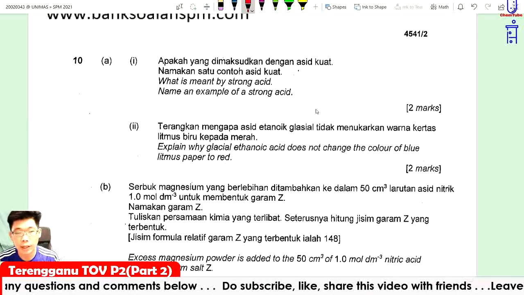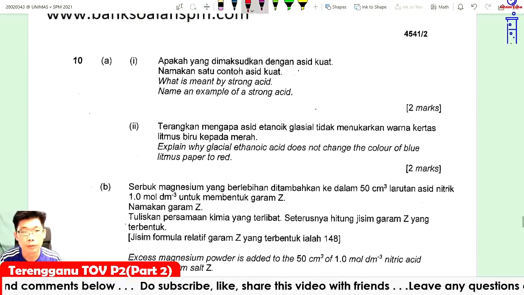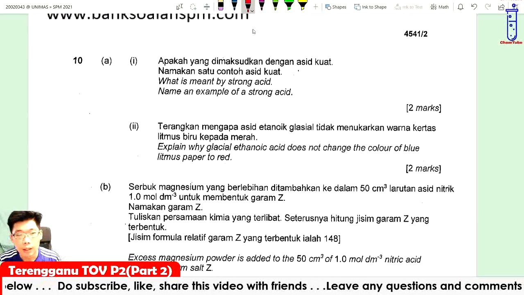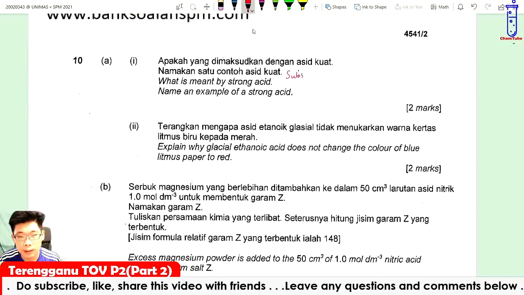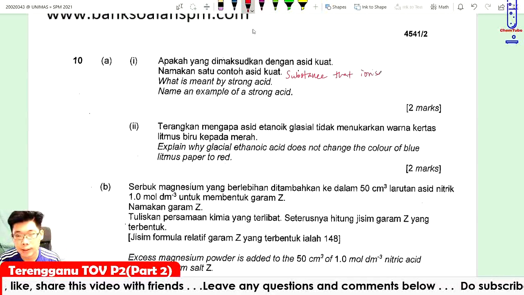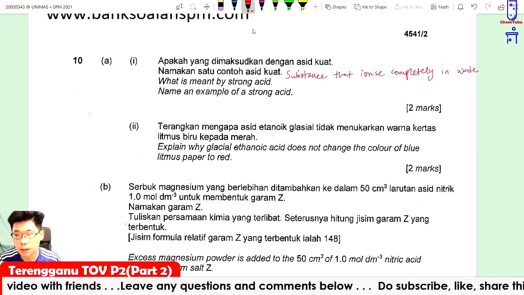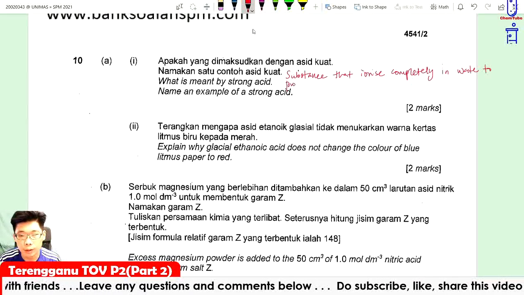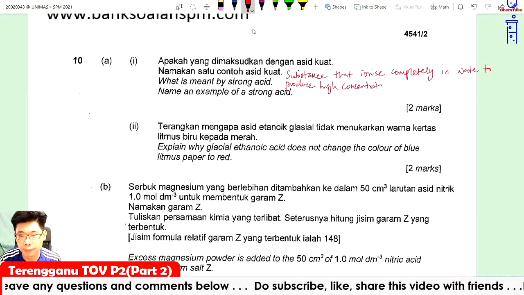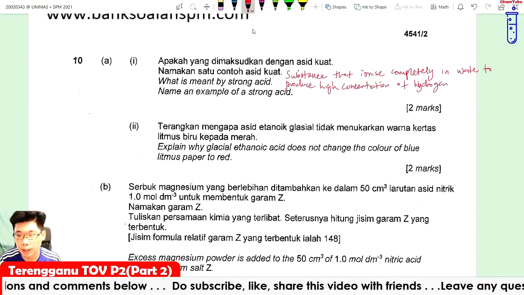What is meant by strong acid? And then name one example of the strong acid. So first you have to define the strong acid. So acid is a substance or chemicals that ionize completely in water to produce high concentration of hydrogen ions.